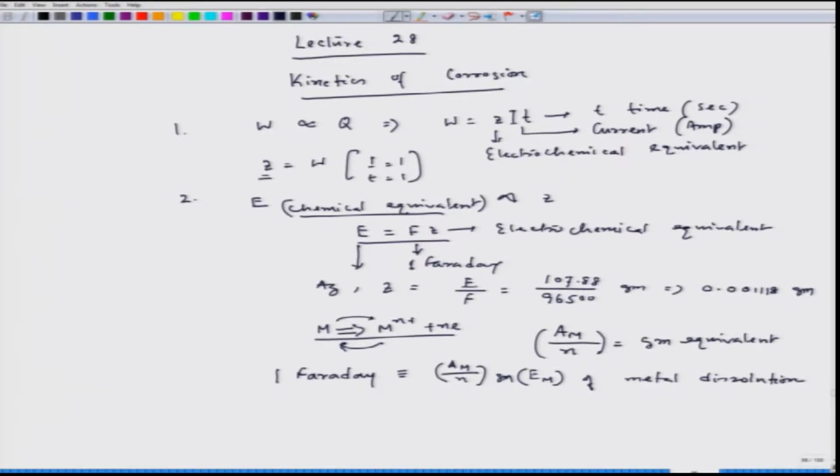So, that much gram of metal dissolution would take place if I send 1 Faraday of electricity. Now, if I take this particular concept to understand, if we send q amount of charge, what would be the amount of mass that will be lost in the form of ions into the solution. So, that we can easily find out.